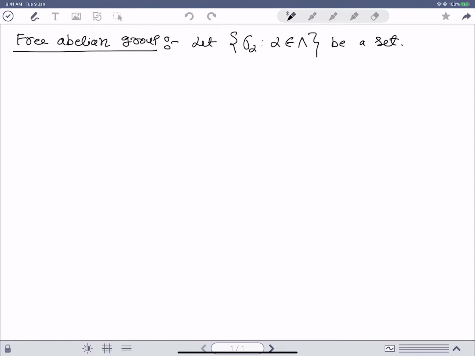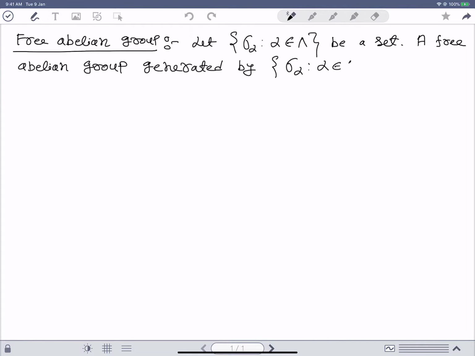Now a free abelian group generated by this sigma alpha. So I should mention that this is a set of different objects. Okay.